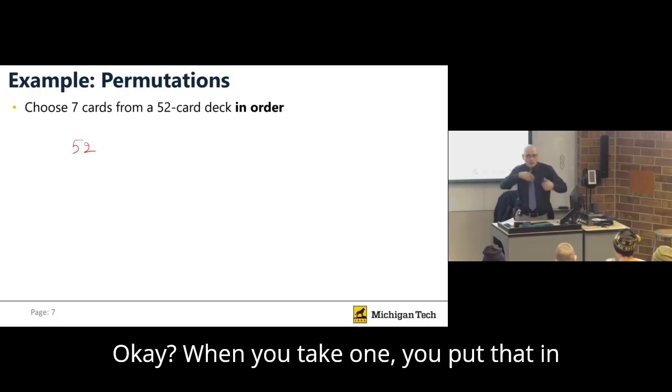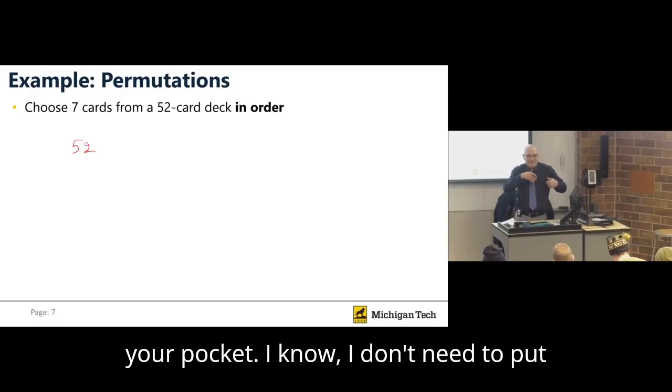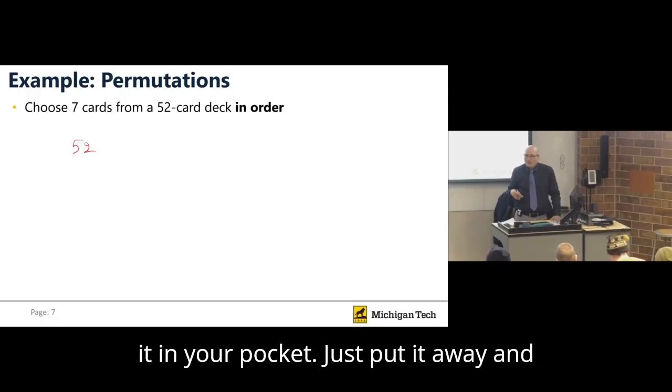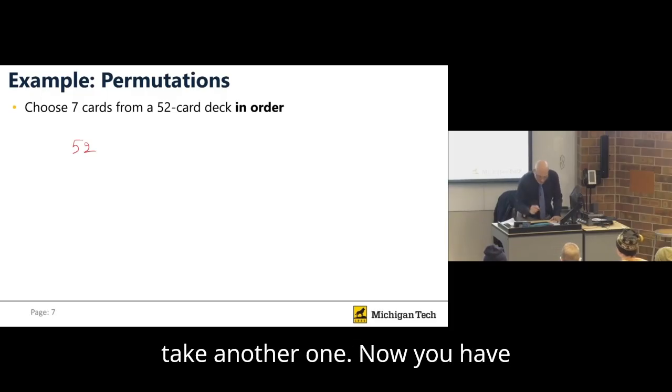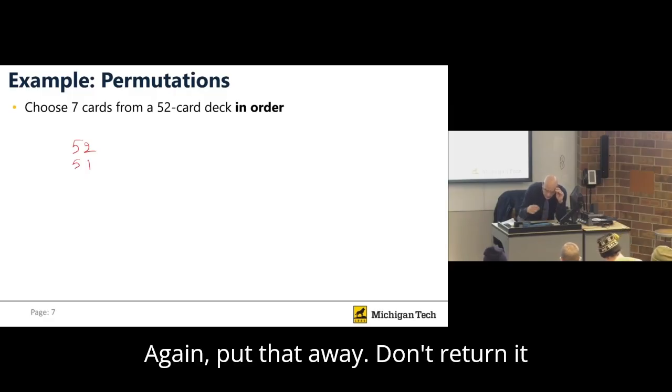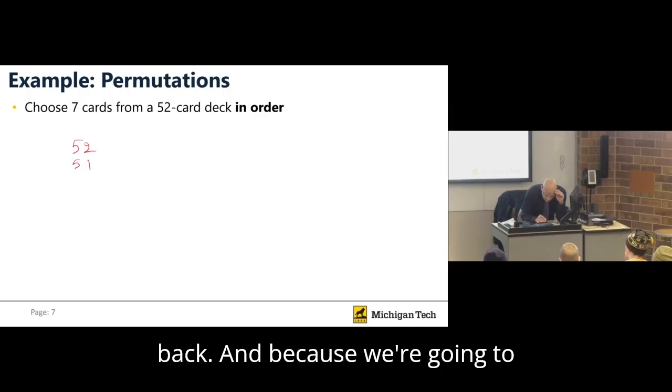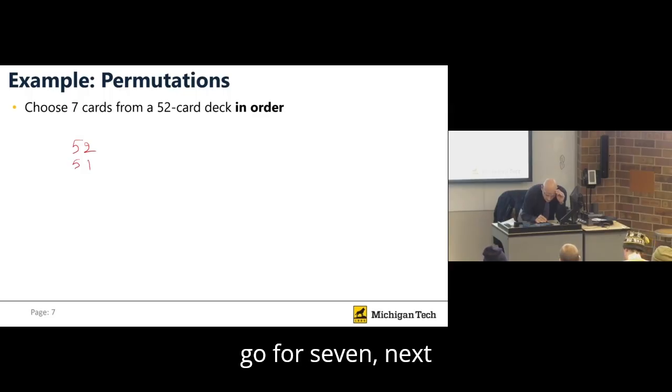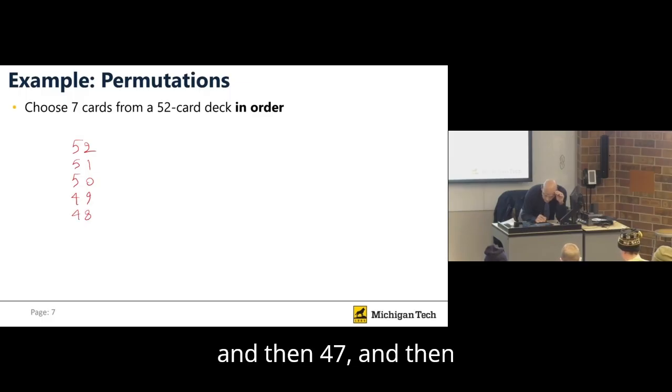When you take one, just put it away and take another one. Now you have 51 choices. Again, put that away, don't return it. Because we're going for 7, next 50, then 49 choices, and then 48, and then 47, and then 46.